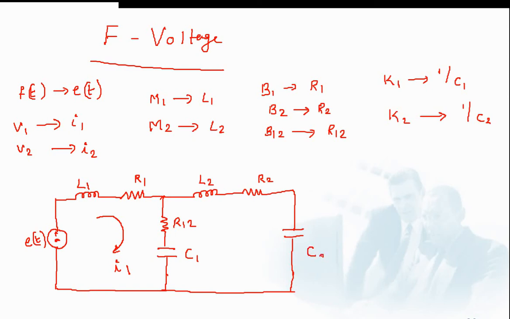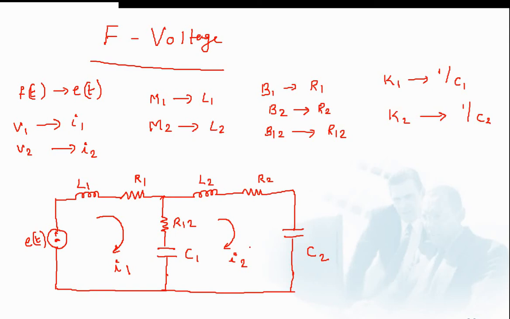So I am writing C2 here. And corresponding to velocity V2, there will be a current I2 that flows in the second mesh. So this is the corresponding force voltage analogous circuit.